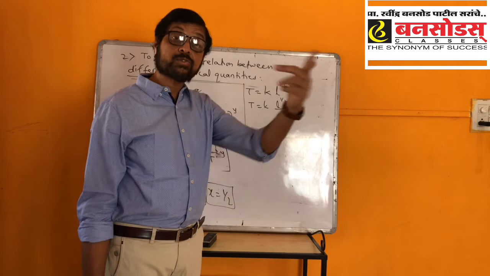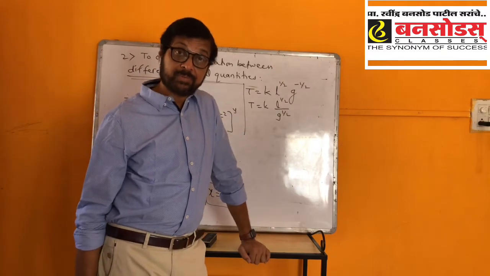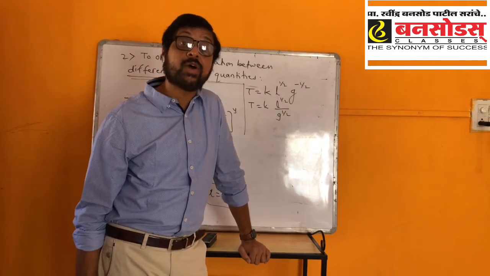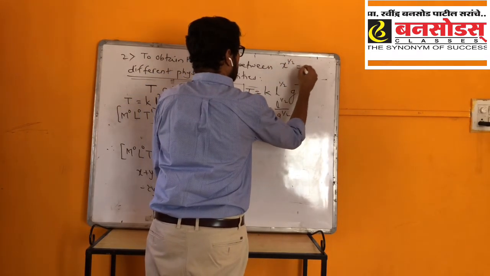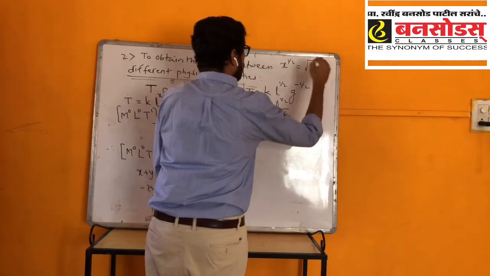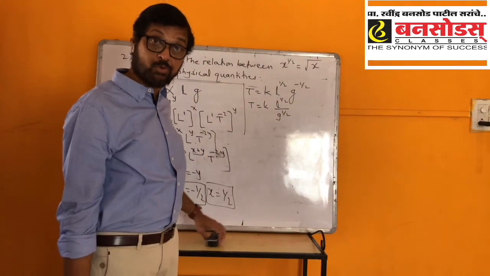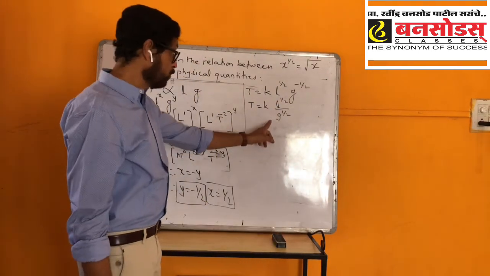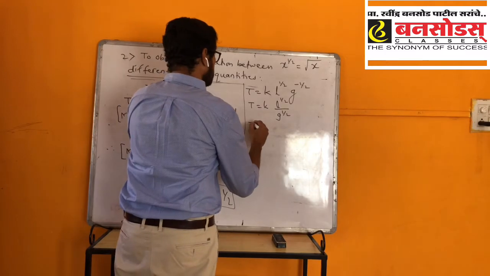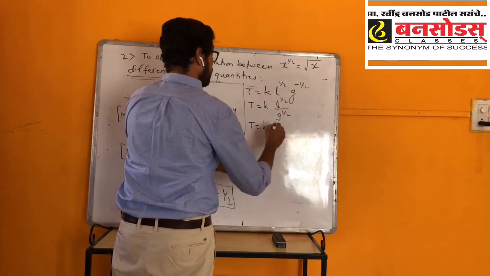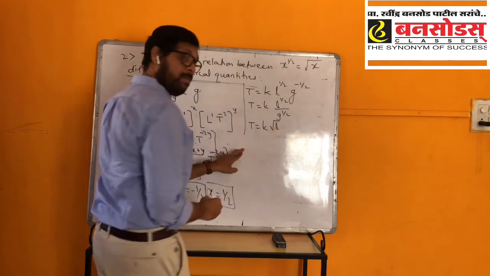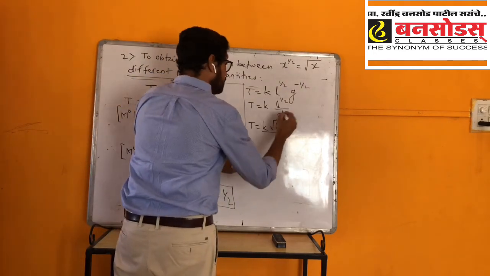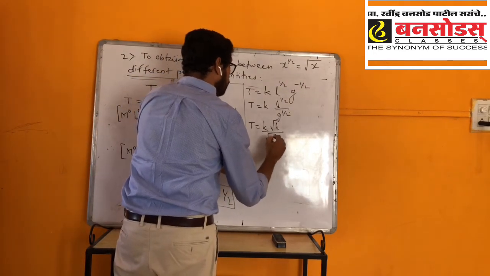And raised to 1 by 2 means what? Raised to 1 by 2 means square root. Okay. X raised to 1 by 2 means square root of x. So this will be t is equal to k. L raised to 1 by 2 means root of L upon g raised to 1 by 2 means root of g.